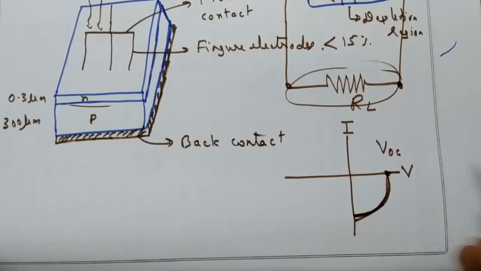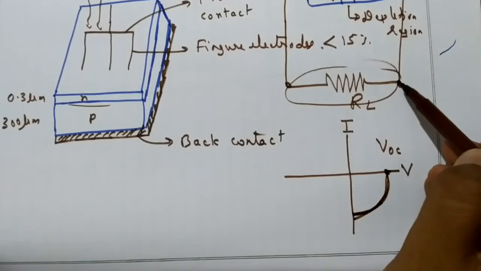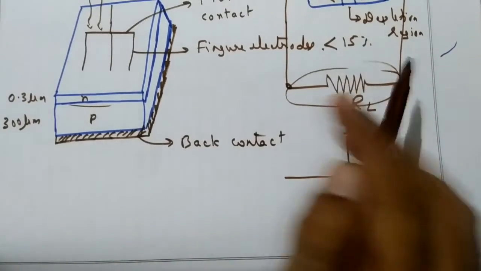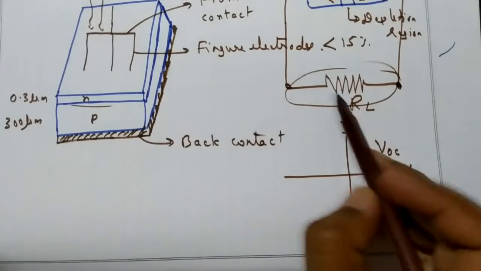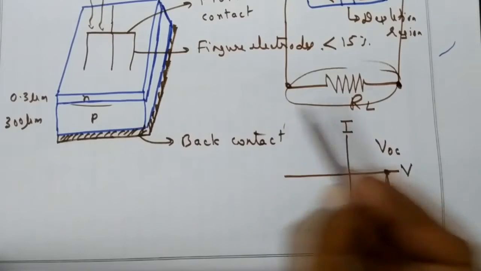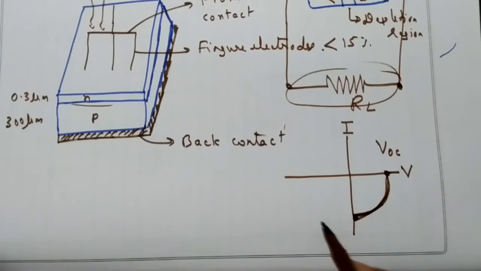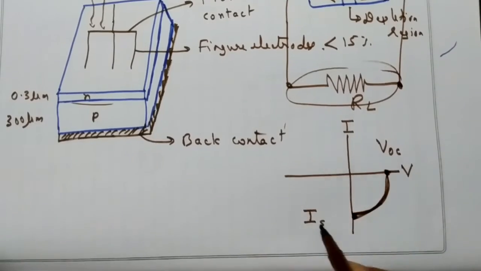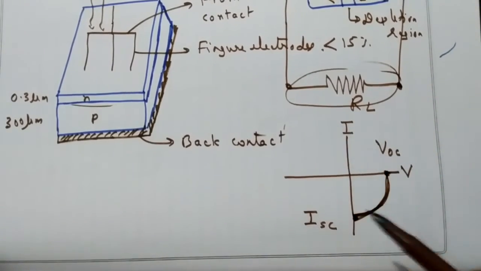Why? Because when the circuit is open, the maximum potential drops, and current will be zero because it is open. Current will not flow. So current is zero, voltage is maximum. When the load is zero, maximum current flows and the voltage drop across it will be zero. So this is called the short circuit current. There is no voltage, only maximum current.